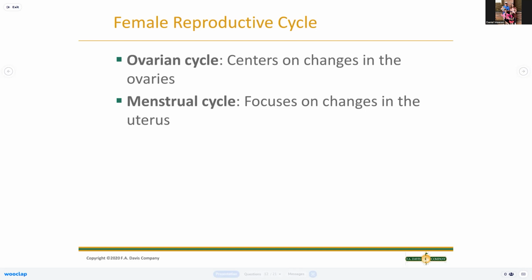And it can range anywhere, depending on what's going on. But both of the cycles, ovarian and menstrual, are under the control of hormones, mainly follicle stimulating hormone, FSH, and luteinizing hormone, LH. Remember that. Okay. And menstruation has a lot to do with our two big female hormones, estrogen and progesterone. Okay.